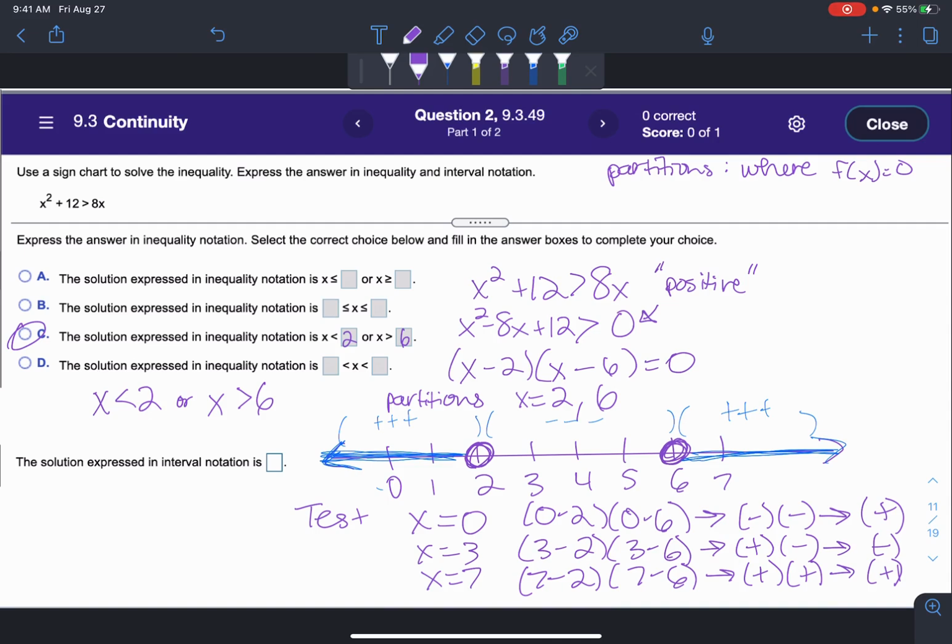Okay, and then for interval notation, I want everything to the left of 2. So this is the left interval, or I want anything greater than 6. So this includes like 7, 100, and so on. All right, so here's our interval notation for this second part.